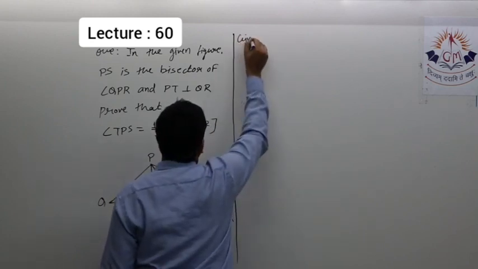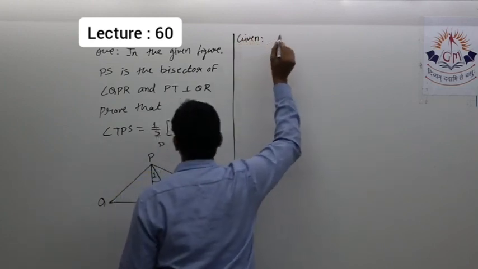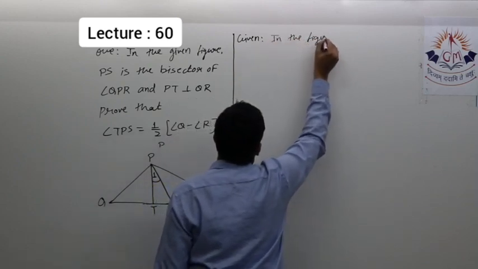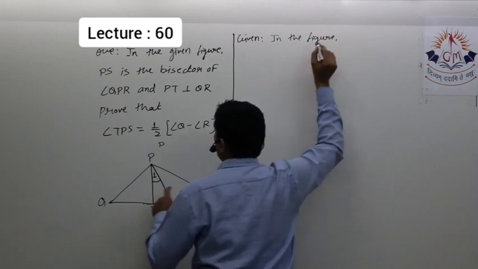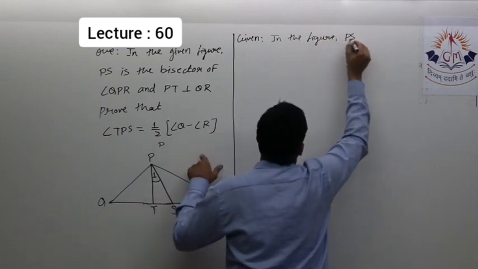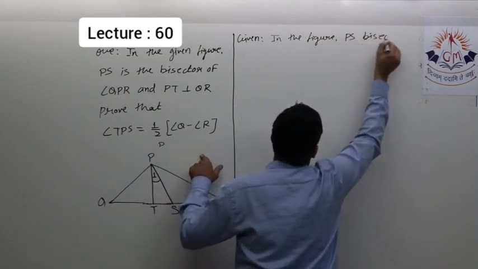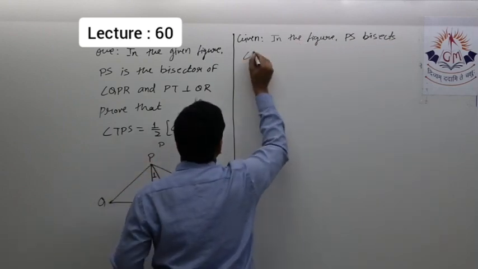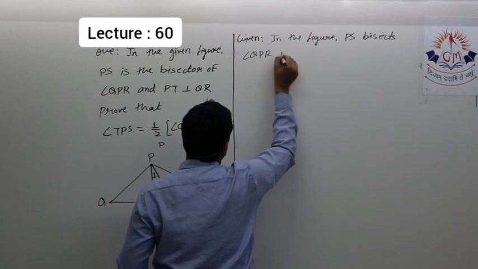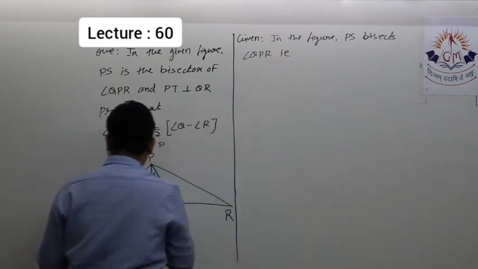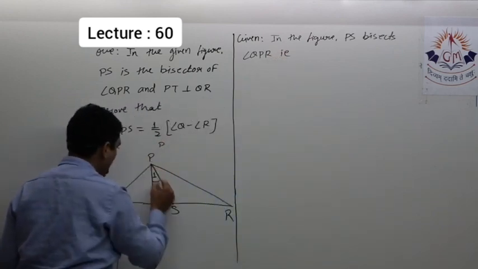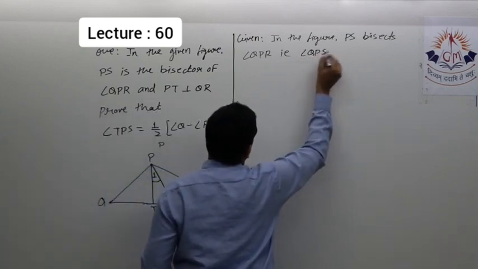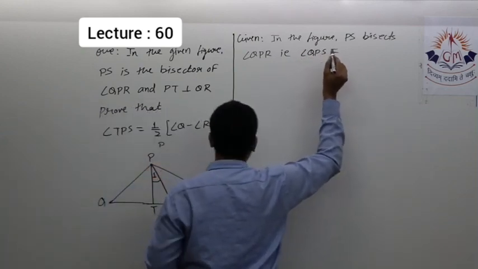So first of all we'll write the given, what we have in the figure. PS bisects angle QPR, that is I can write angle QPS is equal to angle RPS.